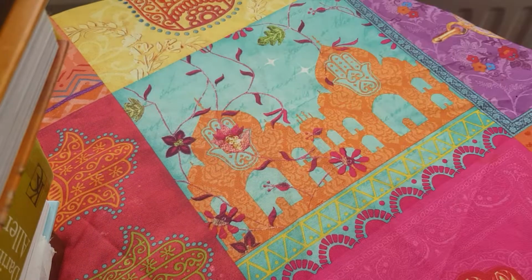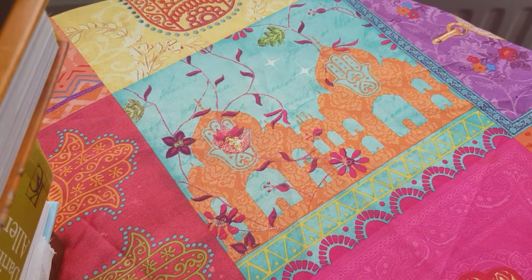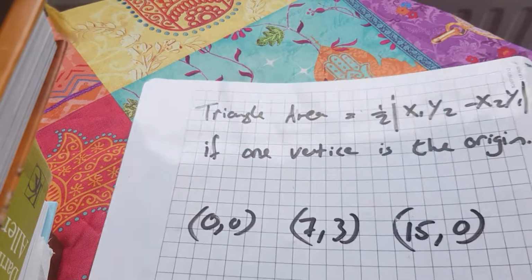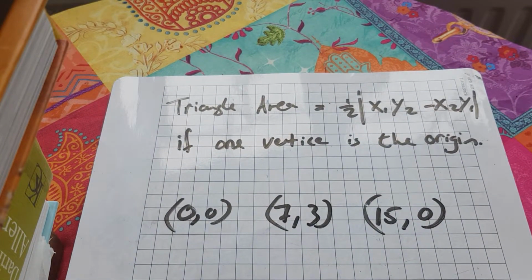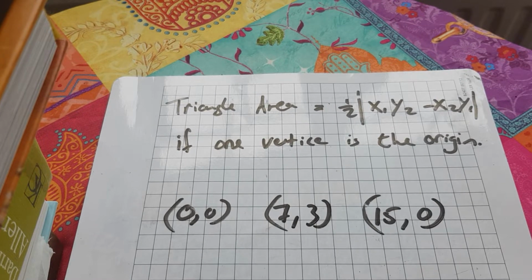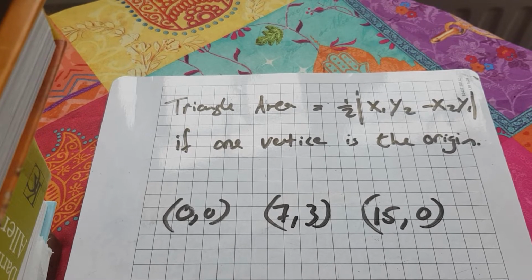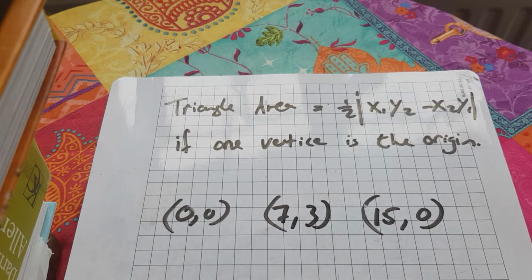Okay, now, so moving on today, what we're going to look at is finding the area of a triangle. Now your table book shows you this formula, but it says one vertex must be the origin.